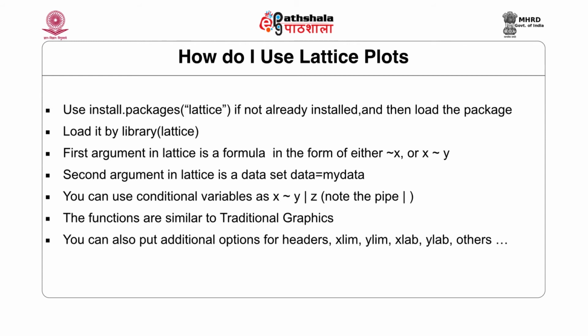Usually, if it's like an X and Y, then the Y or the Y ordinate goes first, and then the X, etc. Then you have to specify that you want to use a data set, because you have to use a data frame in order to use this for lattice. So you use a data set, you call the data set into R, and then you say X tilde Y, and then put a comma and say that, look, this is a data set on which I want to work with this.